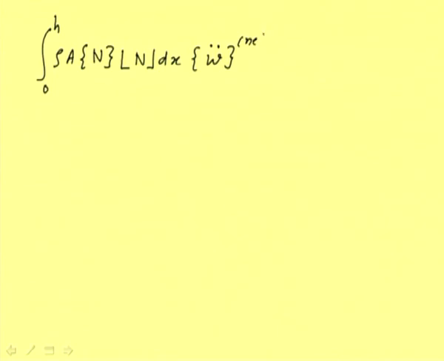So let us substitute that. So we will get integral 0 to h rho A N, which is a vector, then A rho vector of N dx, and we will take the time derivative. Actually what we are doing, we are substituting for w, which is like this.